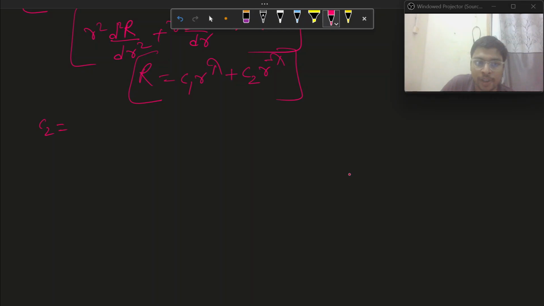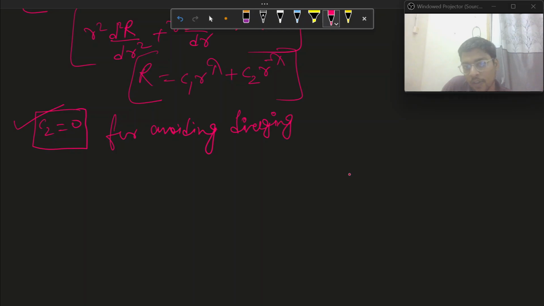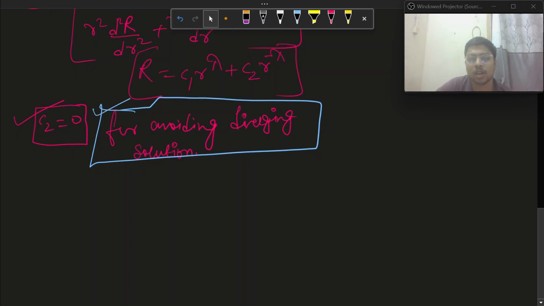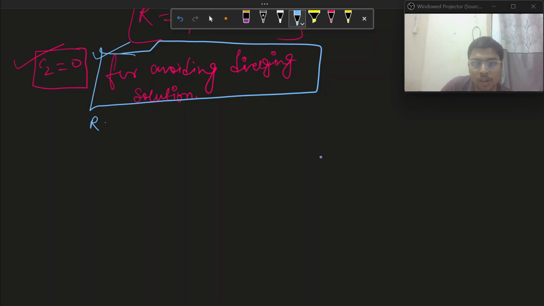Here we put c2 is equal to 0 for avoiding the diverging solution, and we get R is equal to c1 r to the power lambda.